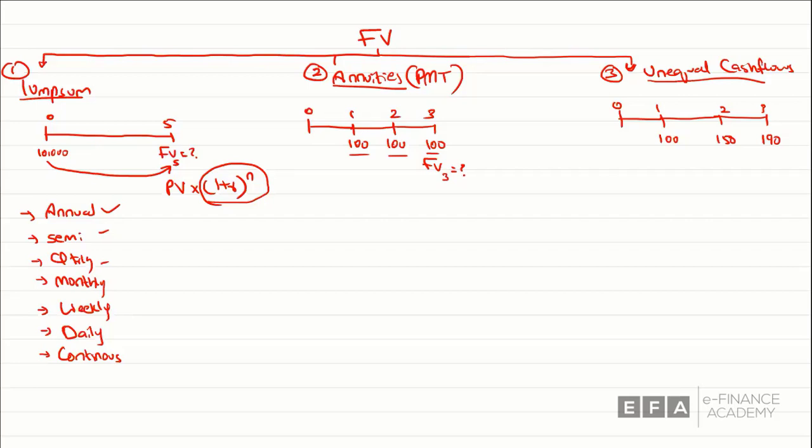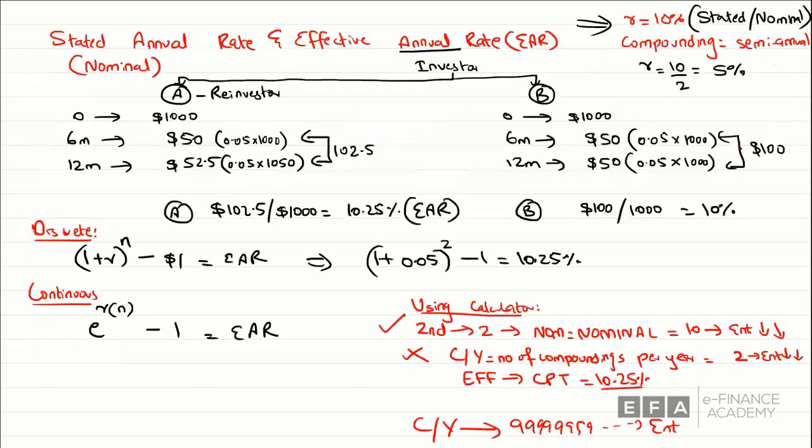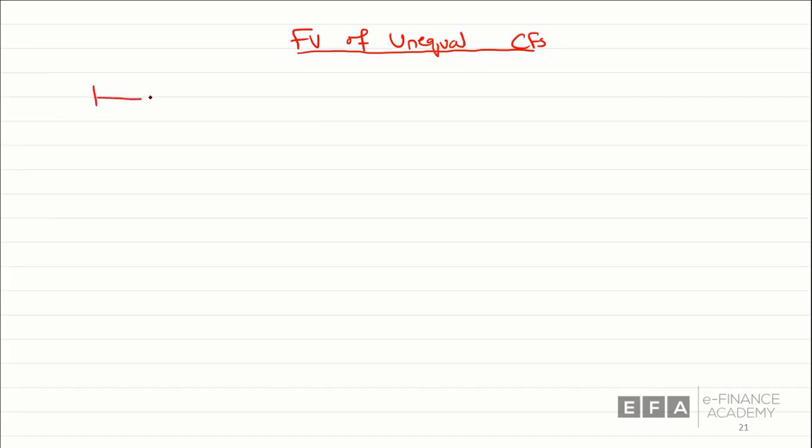We look at a last section, which is future value of unequal cash flows, which is what you see here. So I look at a simple example for this. All right, for this section, here's what we could look at.